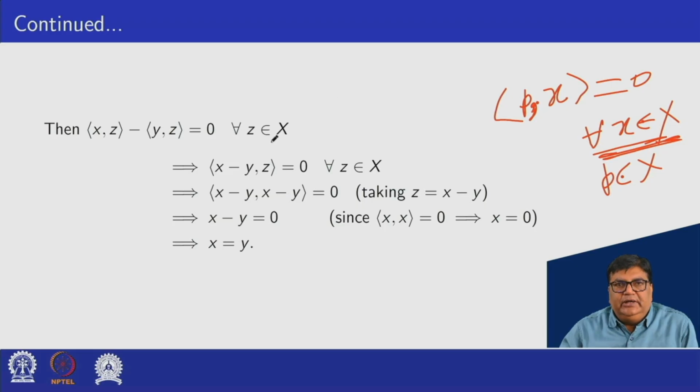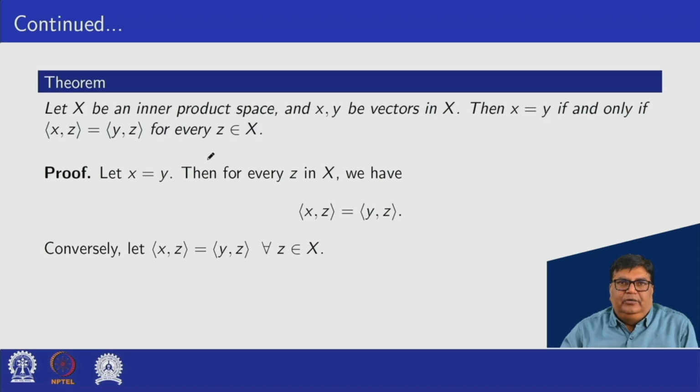So here inner product of x minus y, z is equal to 0. It means x minus y equal to 0, that is x is equal to y. Theorem is proved.